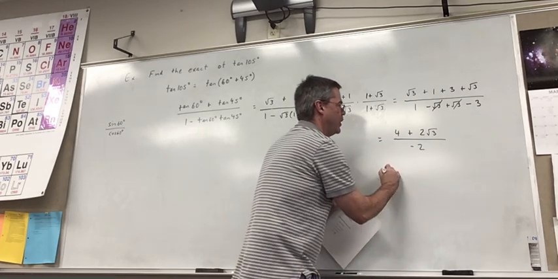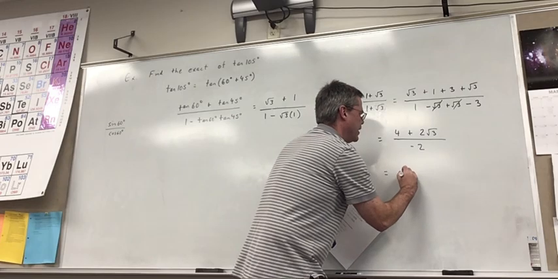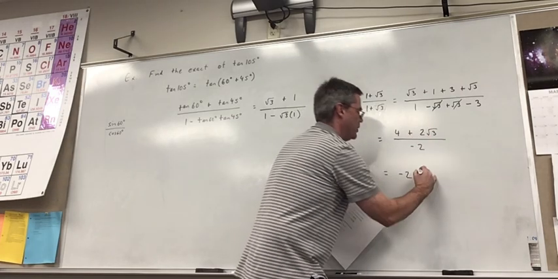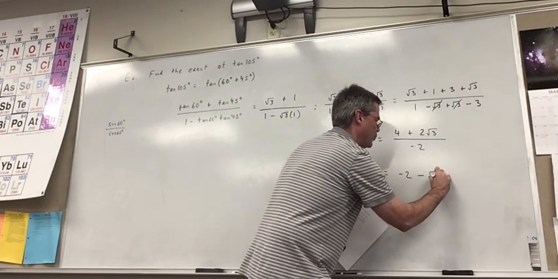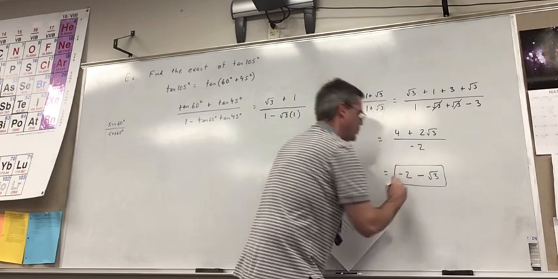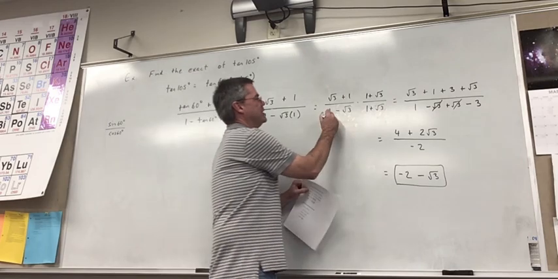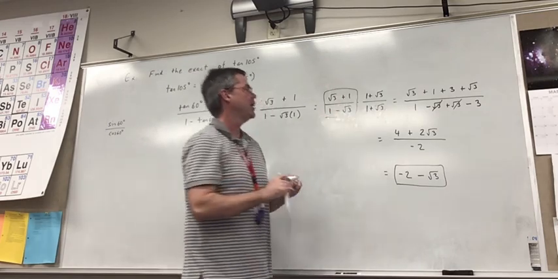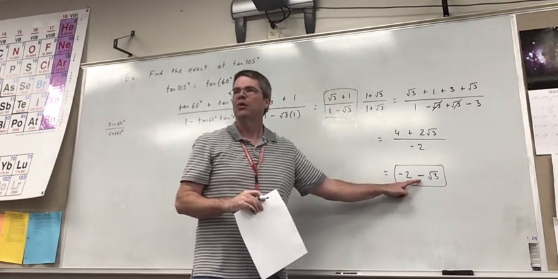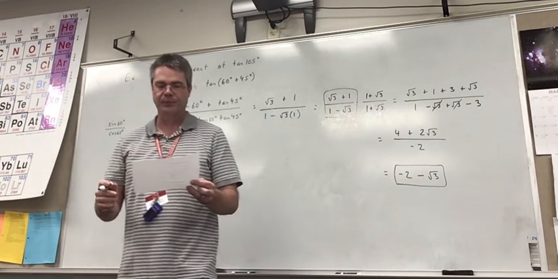So negative 2 into 4 would be negative 2, and then negative 2 into 2 would be minus 1. So minus root 3 is what that would simplify down to. Again, if you get to here, you're getting most of the credit. That last little bit, though, would be rationalizing and getting there.